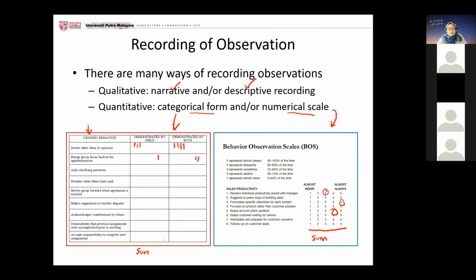Even here, on item 1, maybe for girls the average value is this, and for boys, that. That makes it a quantitative study, whereas if it's a qualitative study, you are there, bringing your own notes, and you take notes as it happens.